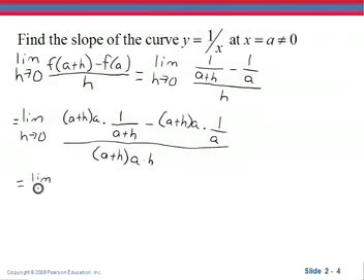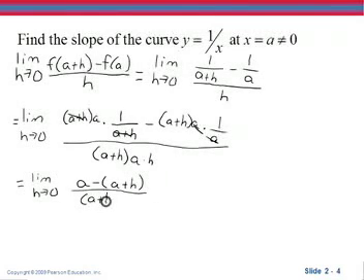So this will give us the limit as h approaches 0 of a times 1, which is a, minus (a plus h), and that's all over a plus h times a times h. Now notice I left the parentheses on the top.